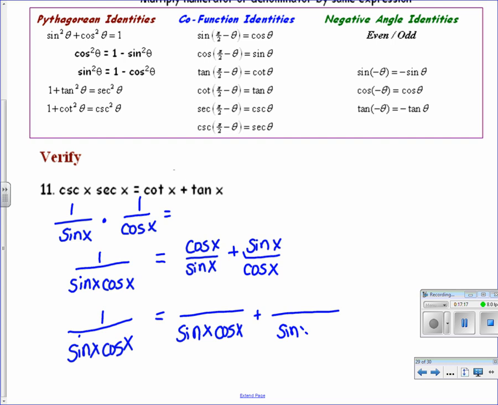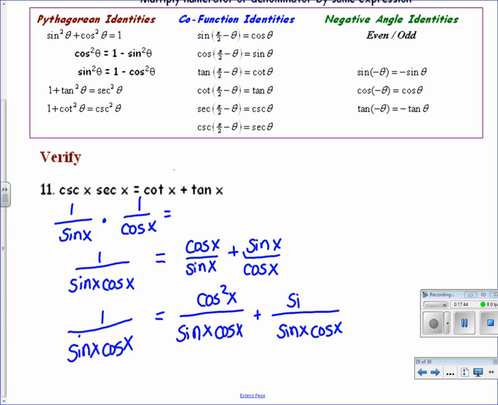Sine of x cosine of x. So if I put a cosine of x down here, what do I need to do to my numerator? I need to put another one here. Well, wait a minute, that means I'm going to have 2, so I'm going to have cosine squared. And then I'm going to put a sine down here, but then that means I need to put a sine up here.